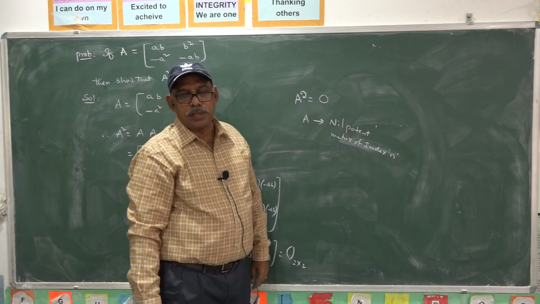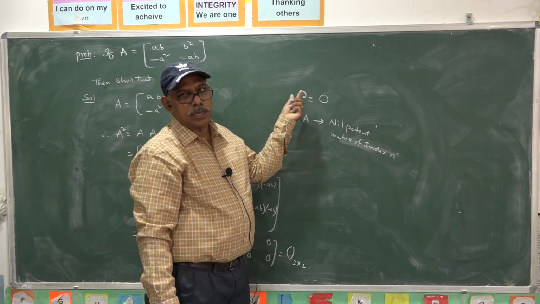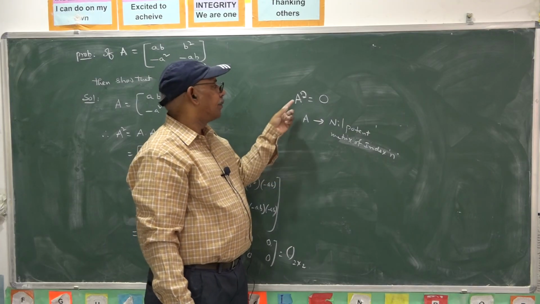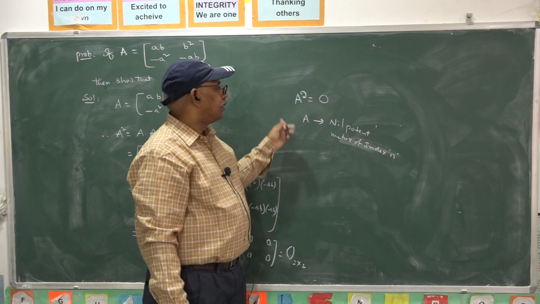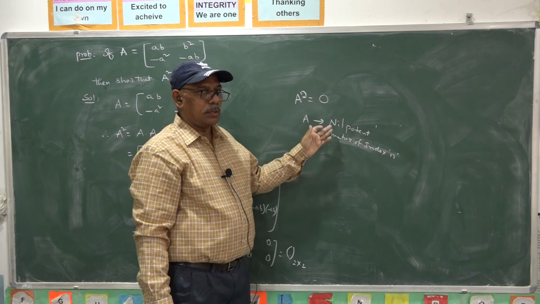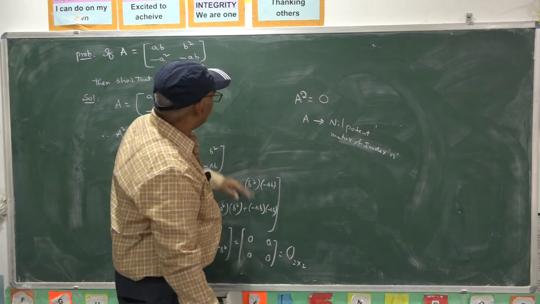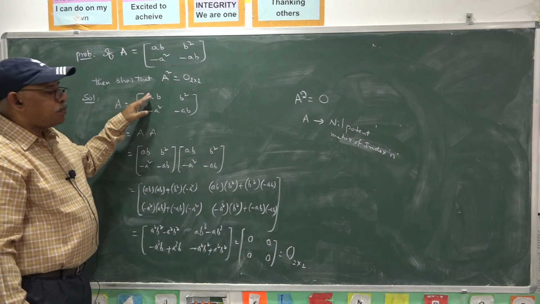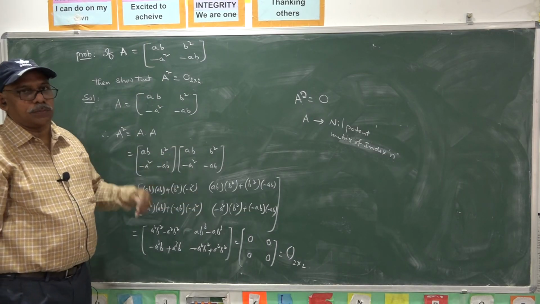Once there exists a least positive integer n in such a way that A power n is the null matrix, and A is a square matrix, then A is called a nilpotent matrix of index n. So this is clearly the nilpotent matrix of index 2 because A square itself is 0.